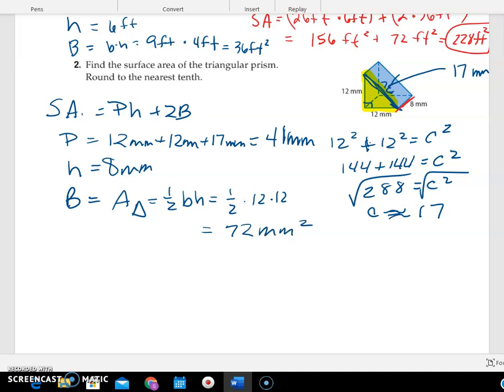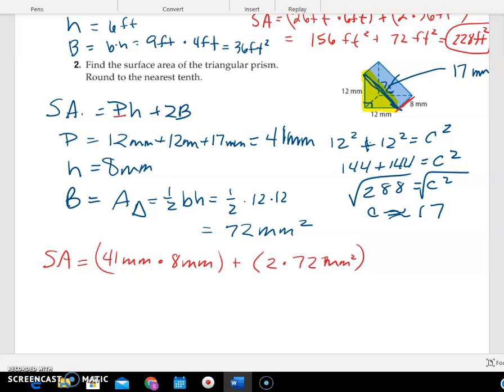Okay, so I've got all my parts. Now I'm ready to fill it in. So surface area was perimeter, which was 41 millimeters, times the height, which is 8 millimeters. And then I'm going to add 2 times the area of the base, which is 72 millimeters squared.